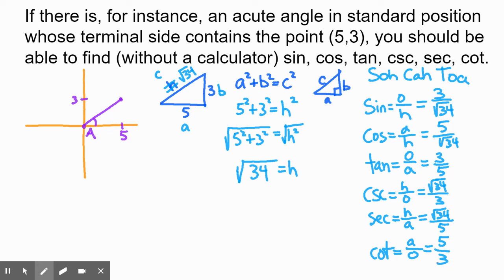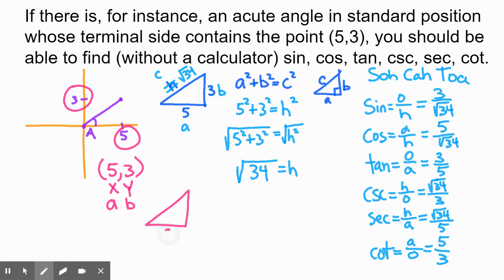So here's the deal. Let me just recap for you. Whatever these two numbers are, whatever's in the coordinates, 5, 3, if you need to, draw the coordinate plane and put the thing in standard position, but you can also just think of those as the x and the y, or even the a and the b on a triangle like that.